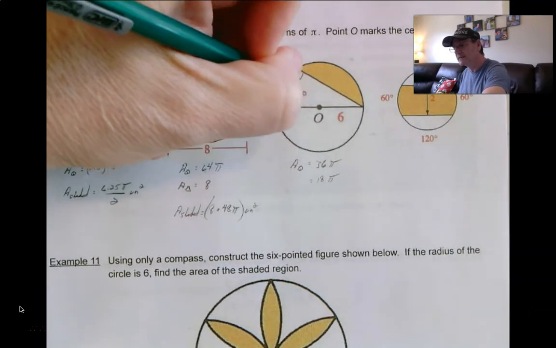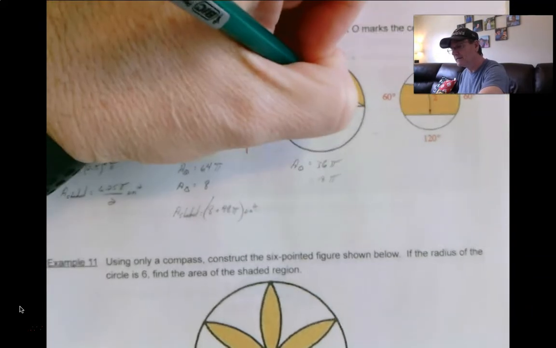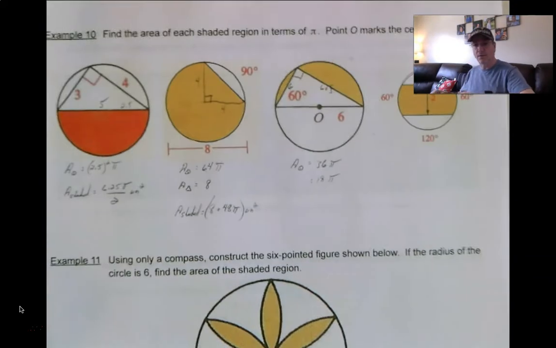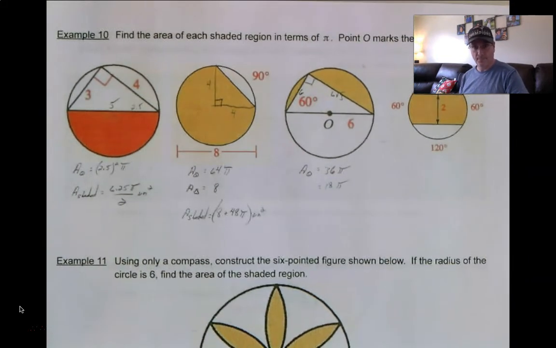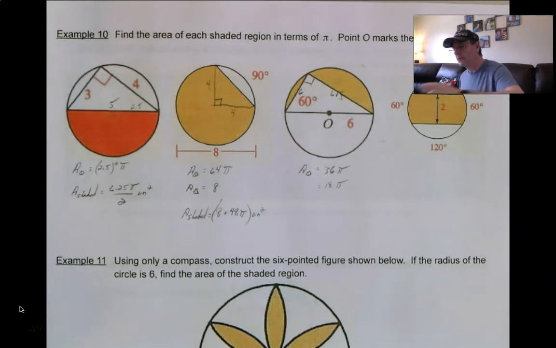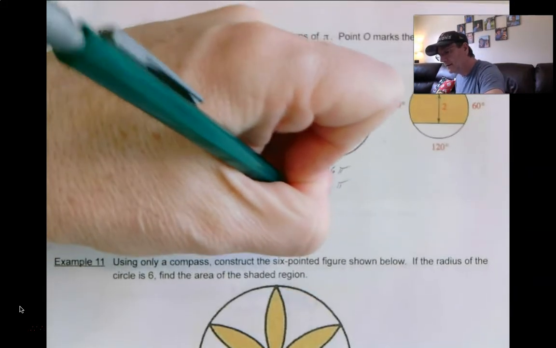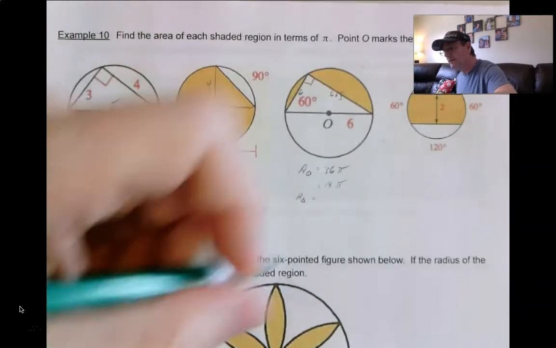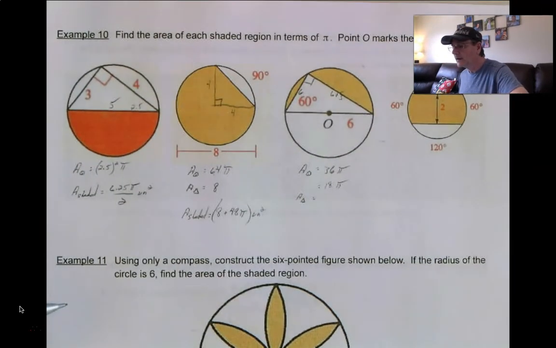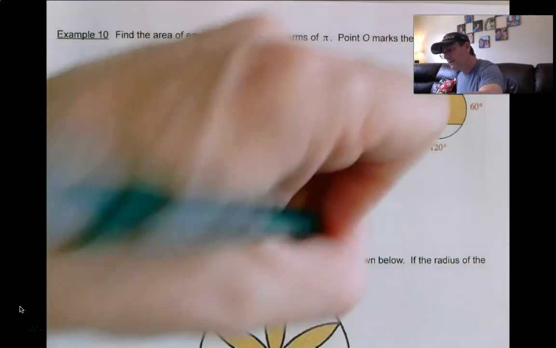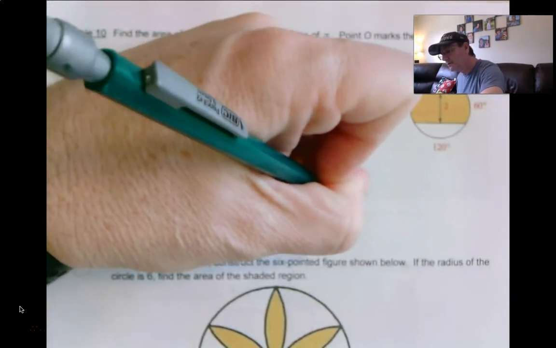So this is 6. And this is 6 square root 3. So the area of the triangle is equal to 1/2 base times height. So 1/2 of 6 is 3. 18 square root 3.